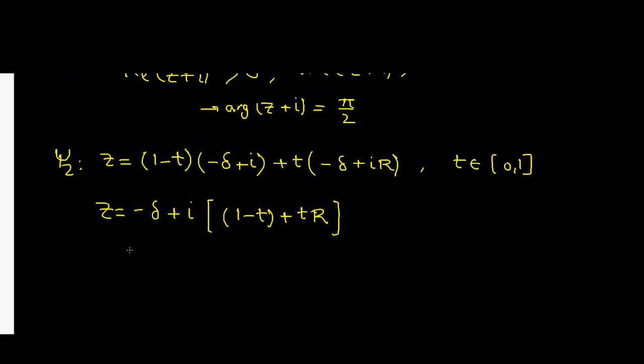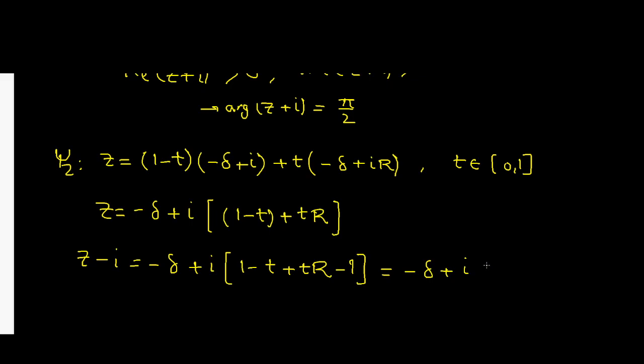And now from this we can find z minus I and z plus I, same as we did before for psi1. For z minus I, we get negative delta plus I times 1 minus t plus t R minus 1, which simplifies to negative delta plus I times t times R minus 1.